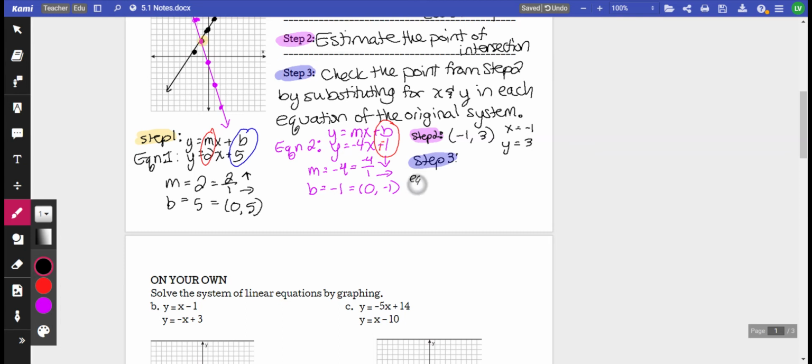I'm going to take equation 1, which is y equals 2x plus 5, and convert that to 3 equals 2 times negative 1 plus 5. 3 equals negative 2 plus 5. 3 equals 3. Check, yes. It works for equation number 1. Then we're going to move on to equation 2.